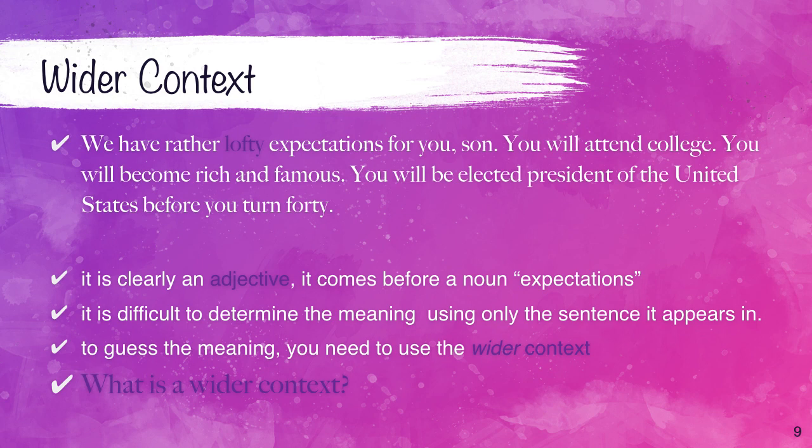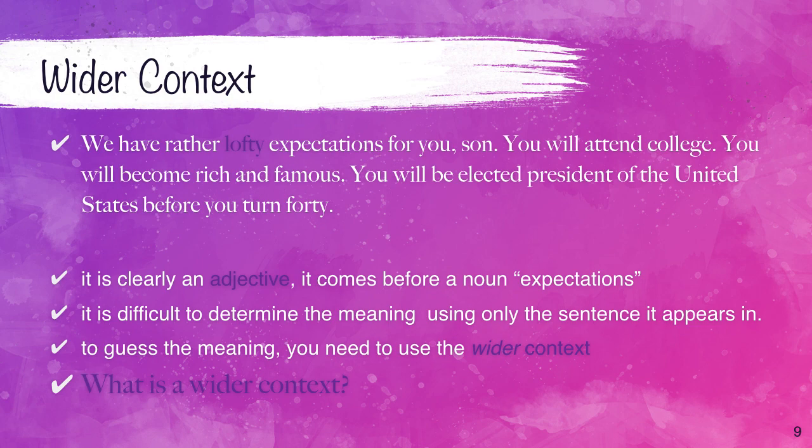Examining the immediate context of the word lofty will tell us that it's clearly an adjective because it comes before a noun, expectations. We have lofty expectations. But it's difficult to determine the meaning using only the sentence it appears in. In this case, in order to guess the meaning, we need to use the wider context.